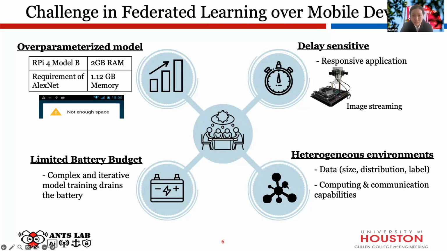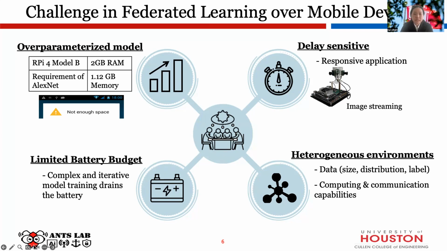Last but not least, federated learning actually faces a highly heterogeneous environment. Since the devices collect the data by themselves, the data distribution varies across devices in terms of data size, feature distribution, and labels. Also, clients have their own preferences in choosing devices to perform local training. And since they could be located in different areas, the wireless conditions they face are also different.